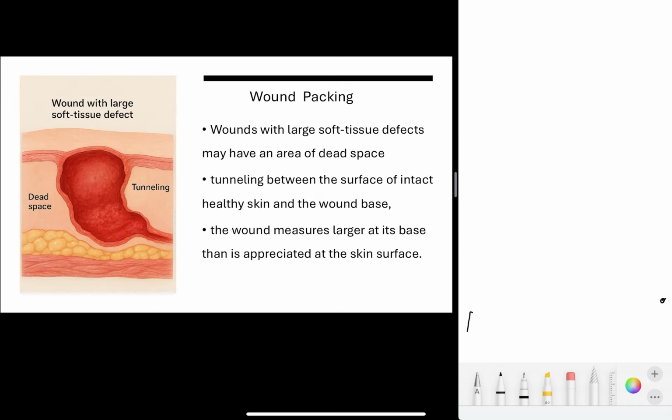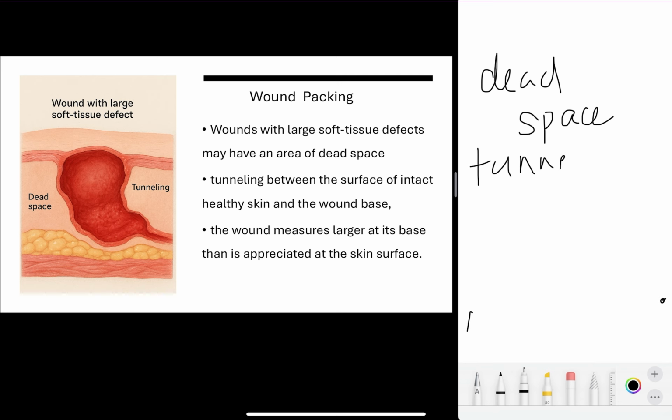Okay, coming to wound packing. Wounds with large soft tissue defects may have an area of dead space and tunneling between the surface of intact healthy skin and the wound base.